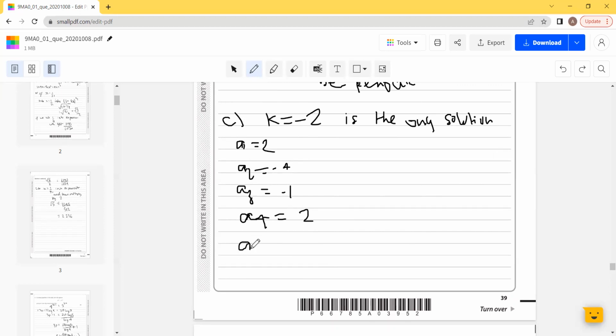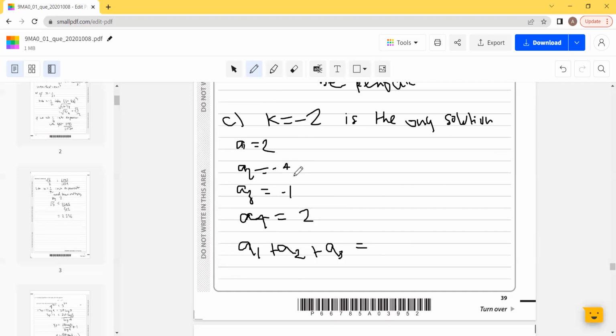So a1 plus a2 plus a3 is what we have to calculate, which is 2 minus 4 minus 1, which is negative.